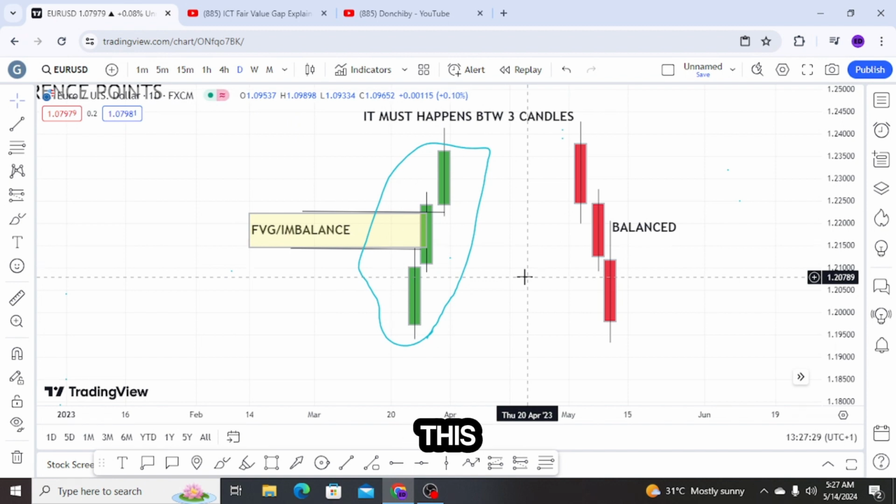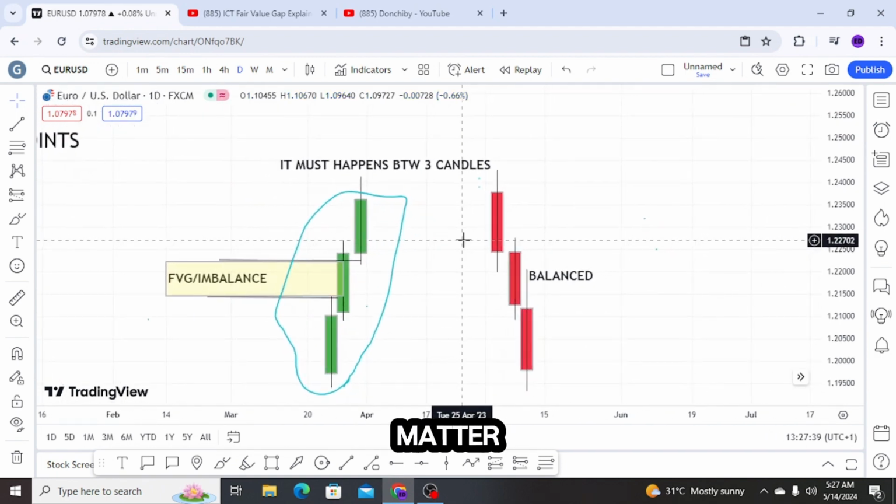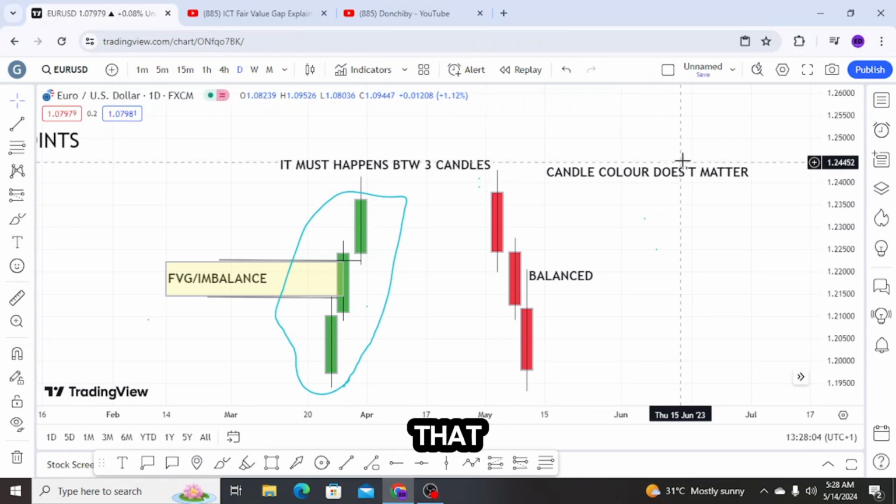This happens mainly on the chart. The next thing you need to understand is that the candle color doesn't matter. Let me make you understand it so that you don't make mistakes by saying that because it is a red, black or green candle, it is not a fair value gap.